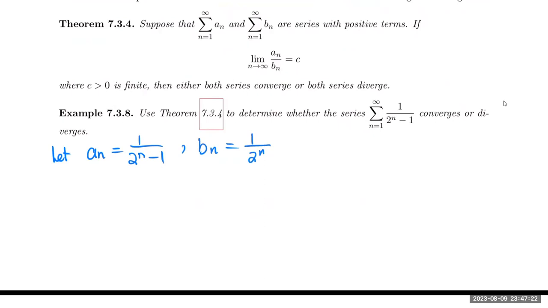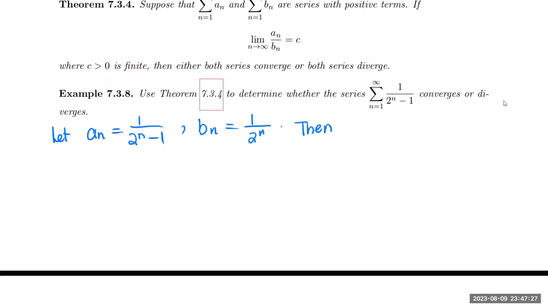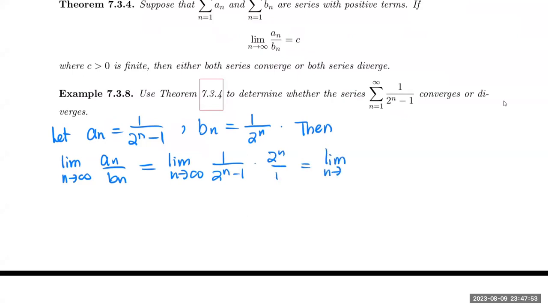Then let us find the limit as n approaches infinity of an divided by bn. So that is equal to the limit as n approaches infinity of 1 divided by 2 to the n minus 1, multiplied by 2 to the power n divided by 1, so that's the limit as n approaches infinity of 2 to the power n divided by 2 to the power n minus 1.